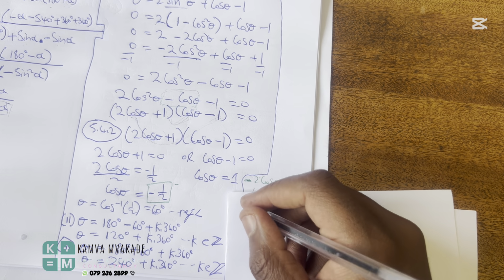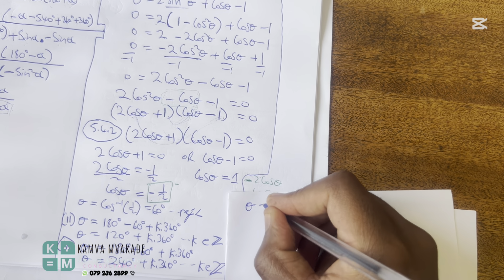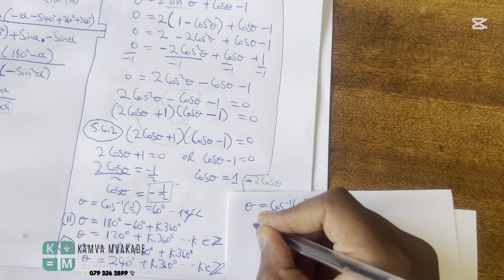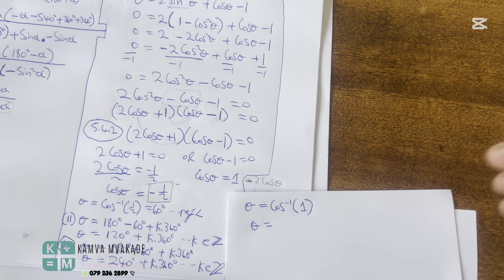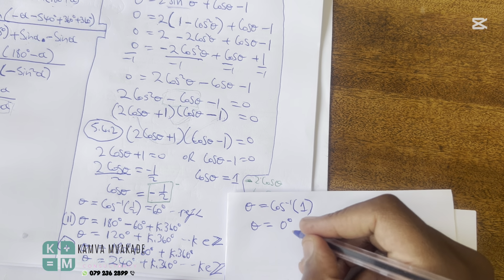Now, with that one, we can just say theta is going to be equal to arc cos 1. Theta is going to be equal to, shift arc cos 1, the answer is 0. Theta is equal to 0 degrees.